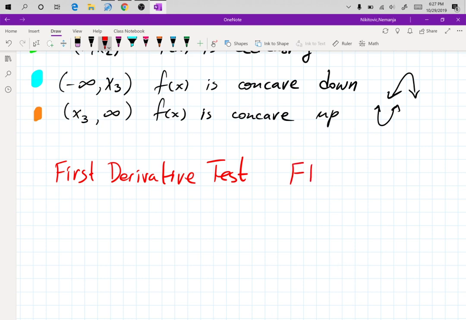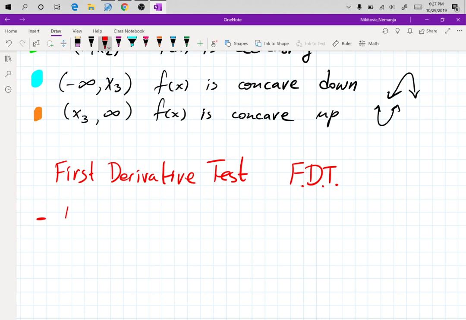And we'll call this FDT, first derivative test. It's very simple. It's the same thing we talked about, I believe, in the second lecture of chapter 3, when we connected the graphs together.